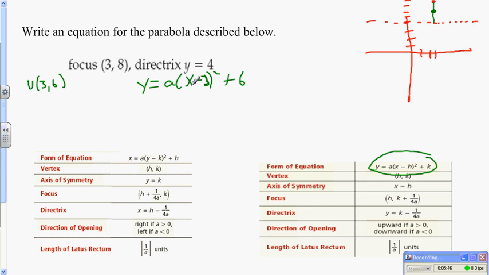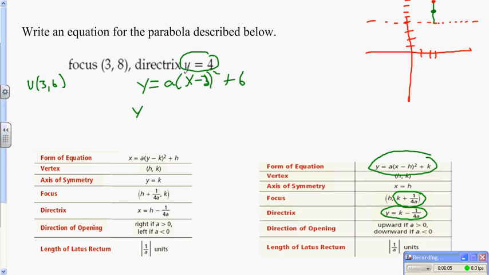So we have everything we need except for a. How do we find a? We have a couple of things. The focus involves an a, so we can solve for that. And so is the directrix.